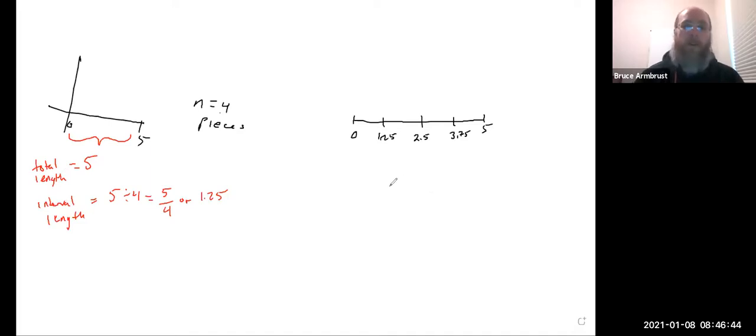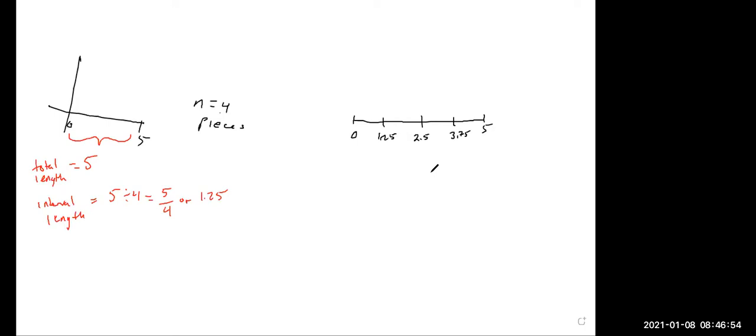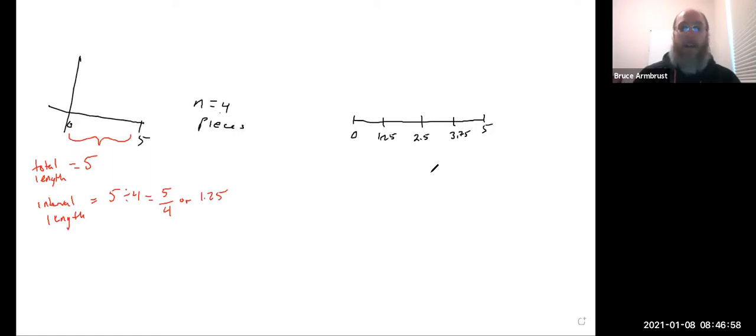Or if you want, you can go with their fraction equivalents, 5/4, 5/2, 15/4, right? So it doesn't actually matter what your interval length is or your n. You always just take the total interval length and then divide it by that n.